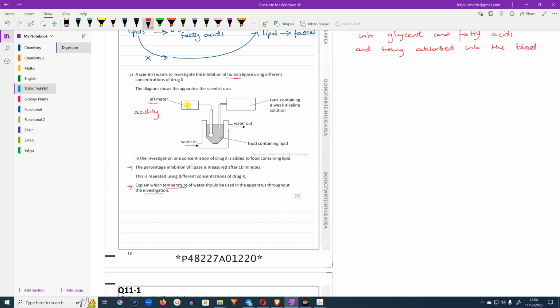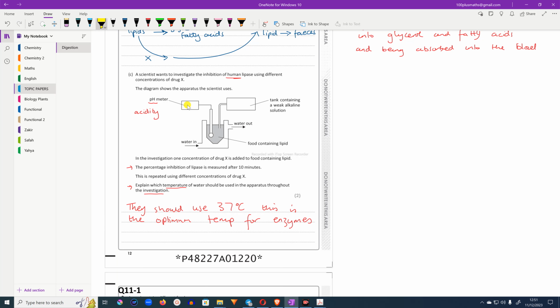Human beings are at about 37 degrees, so they should use 37 degrees because this is the optimum temperature for enzymes because that's our body temperature.